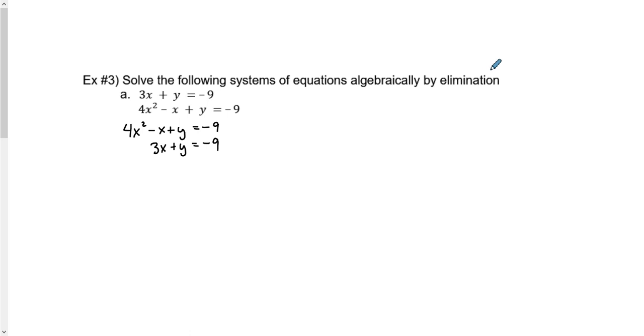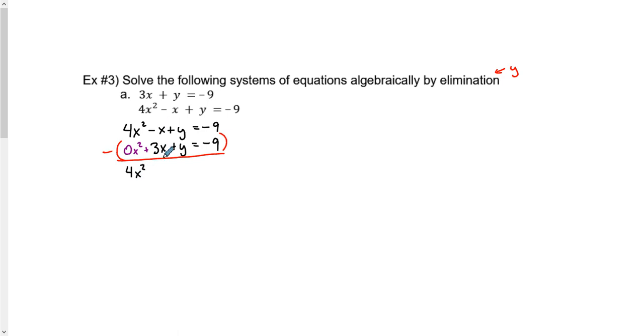For elimination in this case, we really want to eliminate the y. Almost always we're going to want to eliminate our y. So when we subtract everything, 4x squared subtracting essentially 0x squareds is 4x squared.